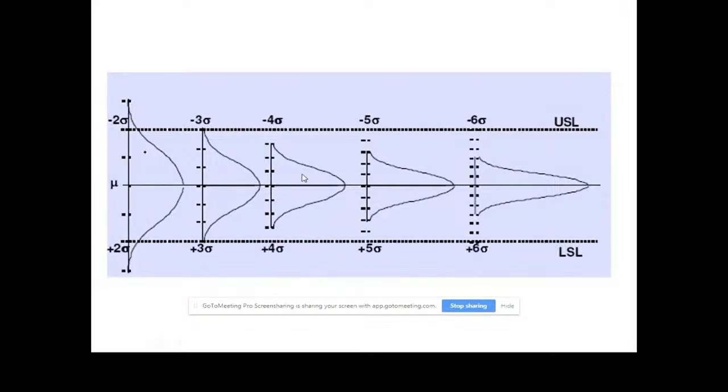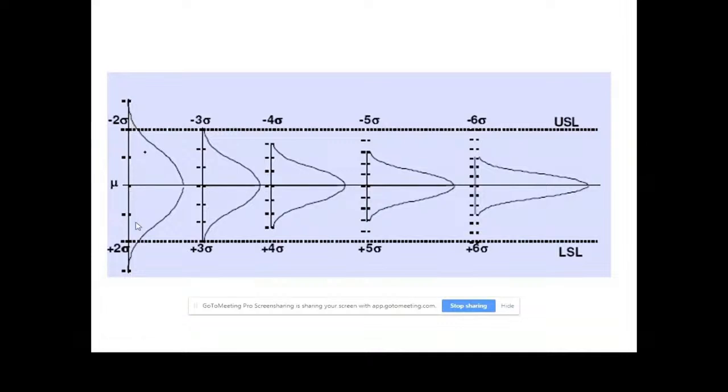In the first process, on the extreme left hand side, you see this portion here. You can see my cursor, right? You see this portion which is beyond the upper specification limit and below the lower specification limit. These are the areas where this particular process is creating a defect.